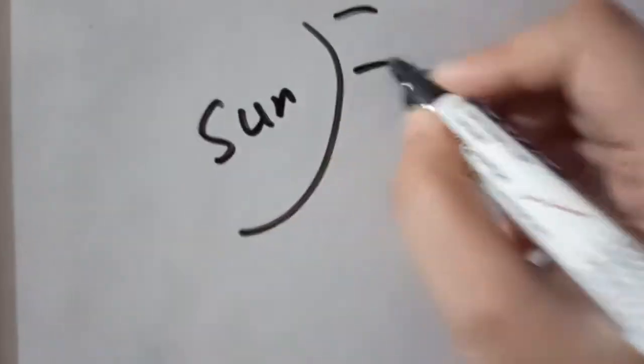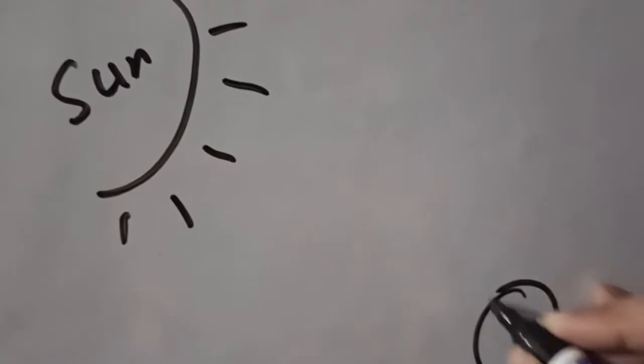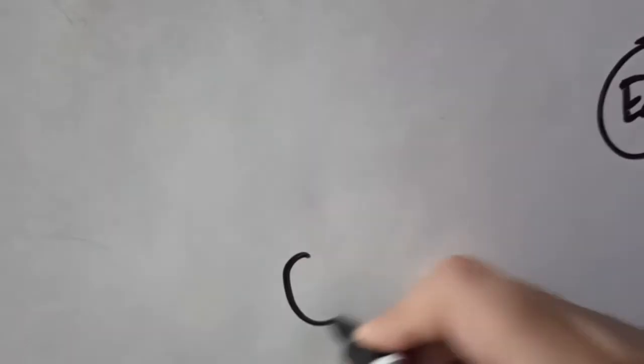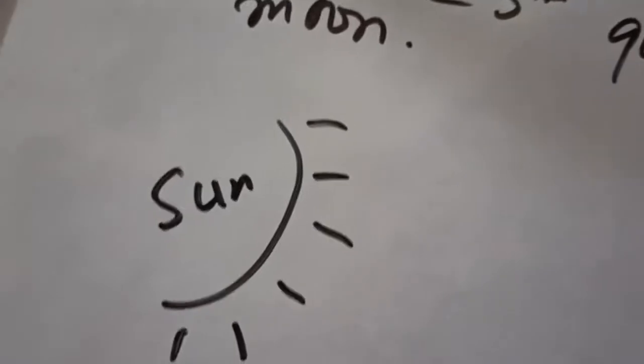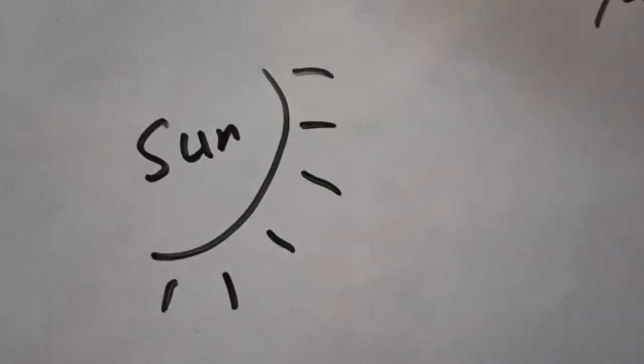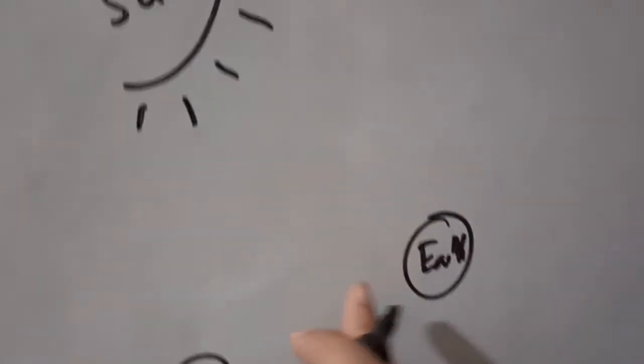Let me draw the diagram. During the first and the third quarter of the moon, the sun and the moon are at right angle to each other in relation to the earth.